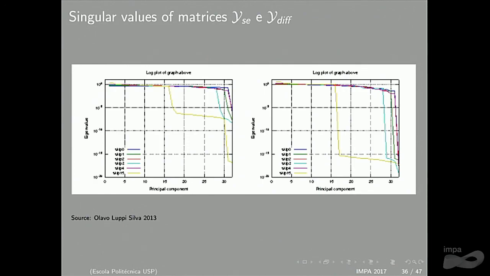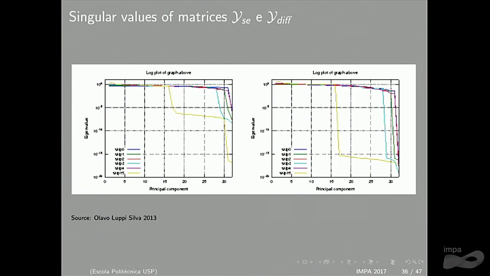Each color represents a kind of excitation that skips some electrodes in the belt. So we can skip one electrode, two, three, four, up to 15. And if we are taking single-ended measurements, we will have this kind of singular values.